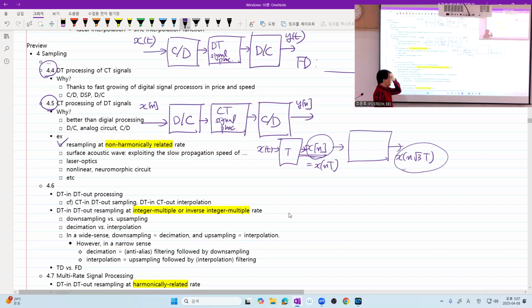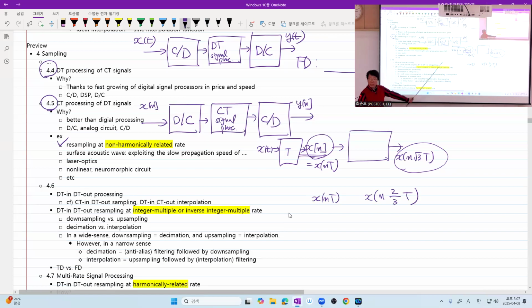By the way, you may not be familiar with harmonically related, but just think of it as a kind of rational multiple. So, for example, x(nT) and x(n times 2/3 T).